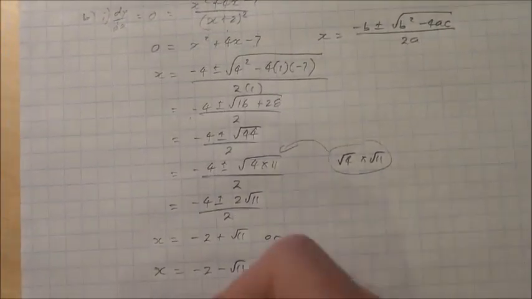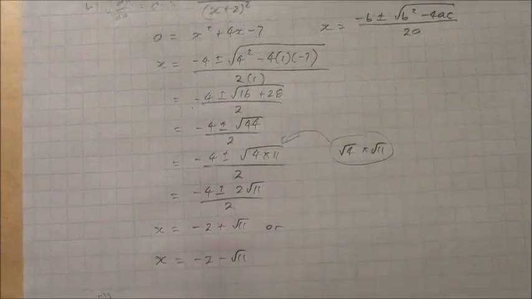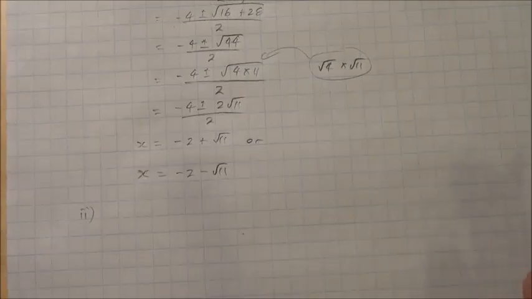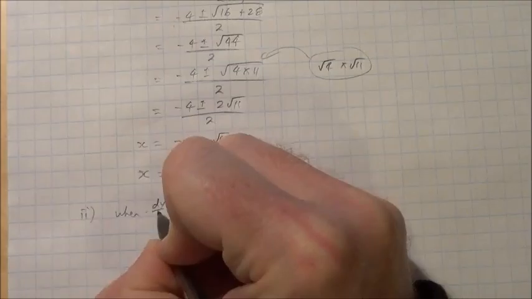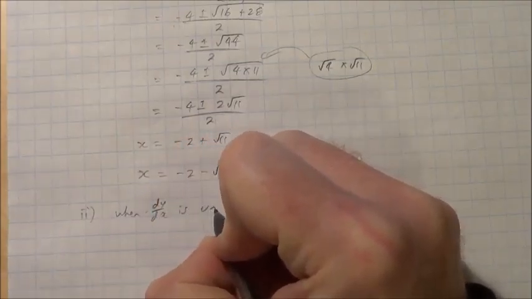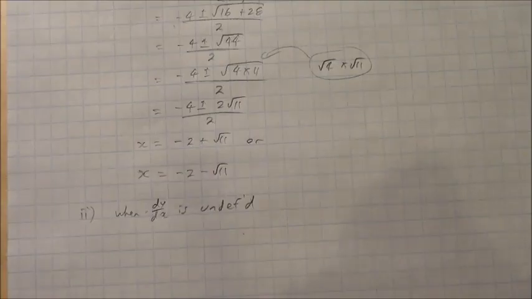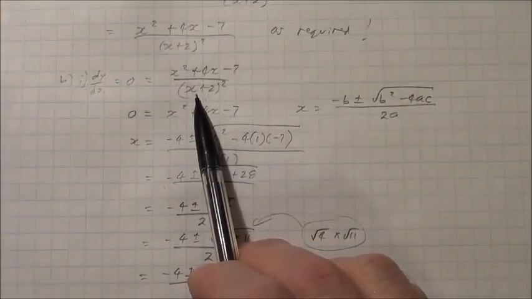Part 2 of B asks us to determine when dy by dx is undefined. And that occurs when the denominator of the gradient function equals 0.